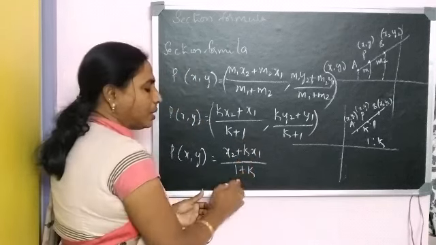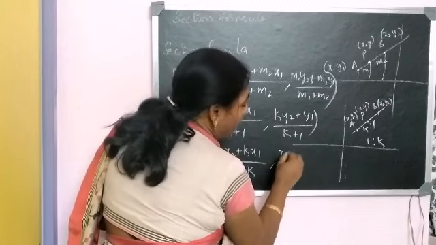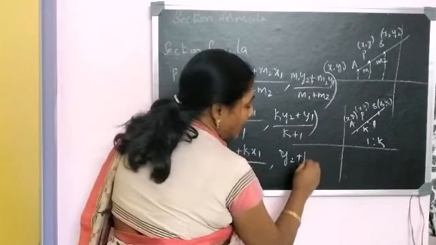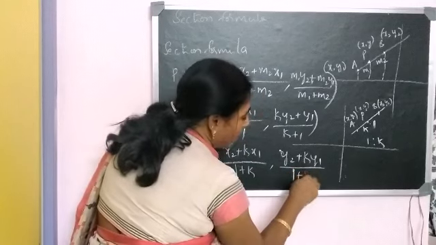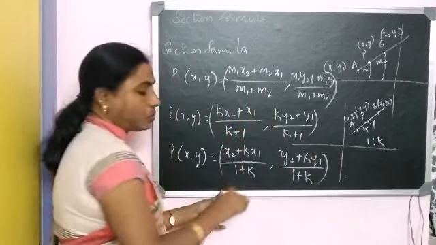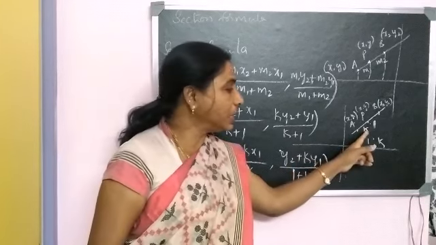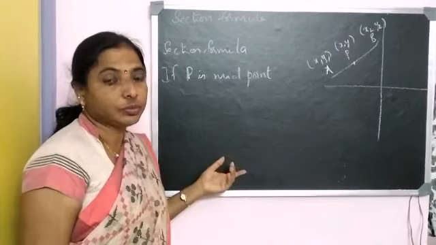K plus 1 is also the same as 1 plus k. Comma, again here y2 plus, here m2 is k, therefore k y1, divided by 1 plus k or k plus 1, the same thing. This is when it is in the ratio k is to 1 or 1 is to k.